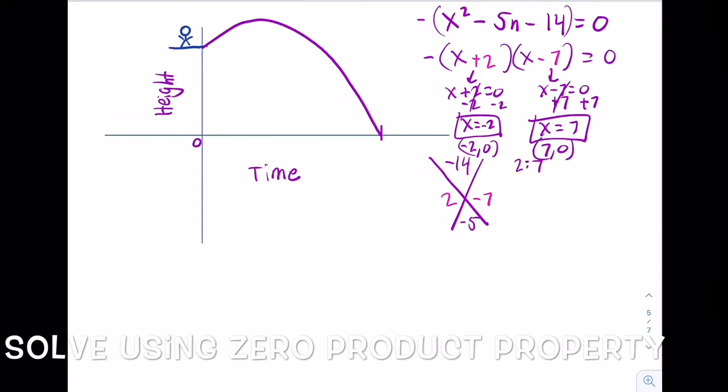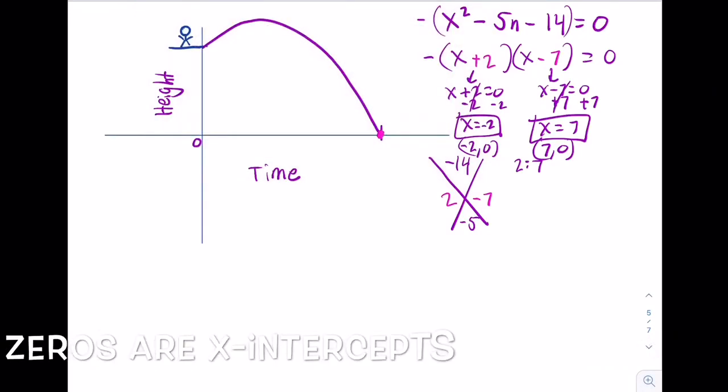So this point here is going to be (7, 0). And if you extended our line out here, this point is going to be (-2, 0). But that part of the graph is not shown because you can't have negative time.